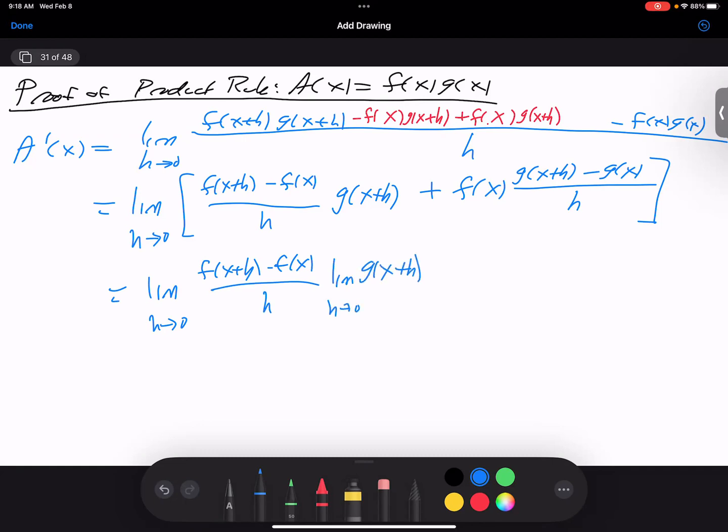And I'm using now the limit of a product is the product of the limits. Plus the limit as h goes to 0 of f of x, times the limit as h goes to 0 of g of x plus h minus g of x over h. What does this first piece go to?